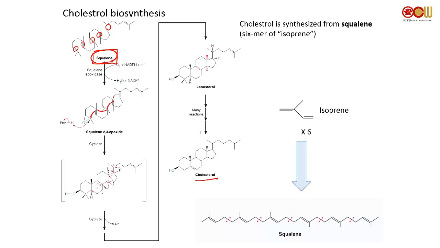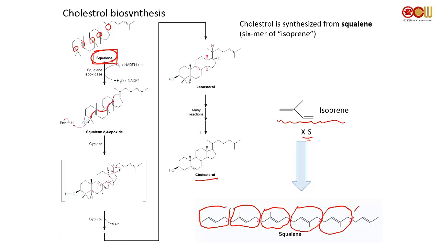Squalene is a 30-carbon long derivative of isoprenoids. It has 30 carbons, and essentially it's a six-fold repeat of this general structure called isoprene. If you look, this part, this, and that, you have six of these things.